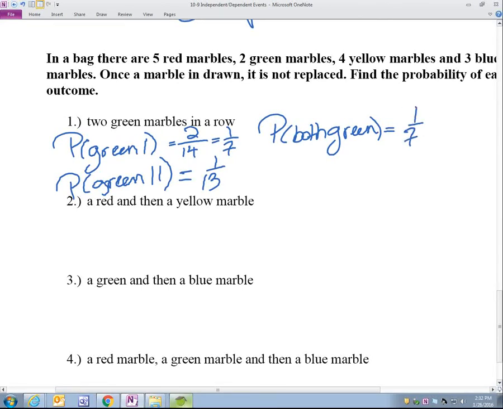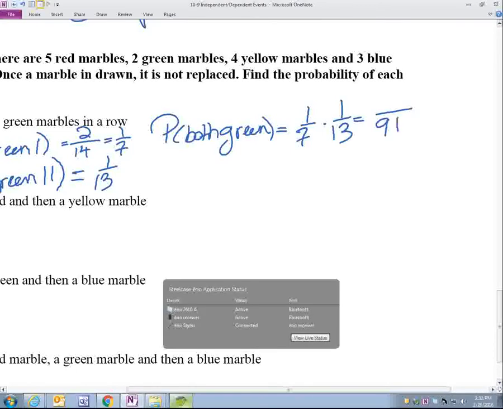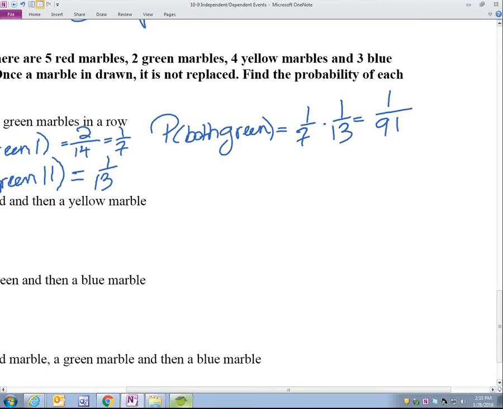If I didn't simplify to 1/7, would I get the same answer? Yes. I would just have to simplify more later. 1/7 multiplied by 1/13. And I know my math facts. 7 times 13 is 70, plus 21 is 91. The probability of getting both green is 1 out of 91.